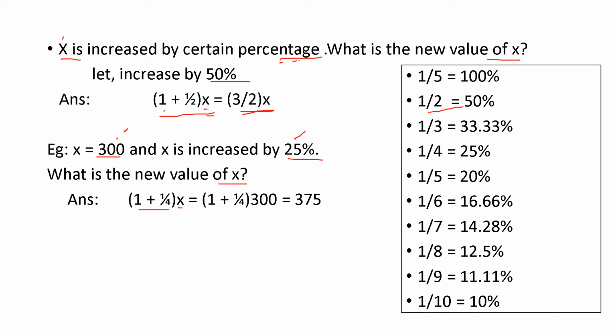So new value will be 1 plus 1 by 4 X and that is equal to 1 plus 1 by 4 into 300 and that is 375. Okay. That is 1 plus 1 by 2 here, 50. So 1 by 4 here it is 25. So we have taken 1 by 4 from this table and answer will be 375.